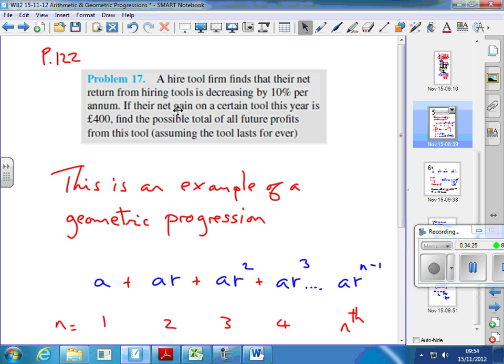For this question, it turns out to be trivial to work out the total possible future profits for this tool: £4,000, just sum equals a over 1 minus r. What you need to realise is that a, the first term, is £400, and that because it's decreasing by 10%, r equals 0.9. Then you can do it.